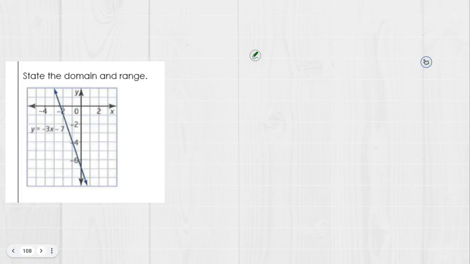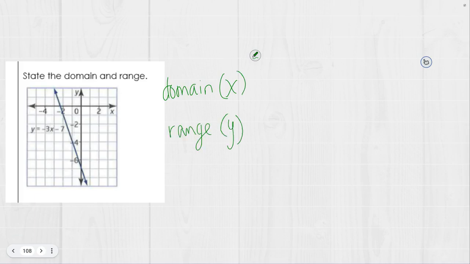Okay, so for this, what's the domain and range? Remember, domain is the x. Range is the y. So looks like I've got arrows on both ends. So this should be easy. I go on forever to the left.